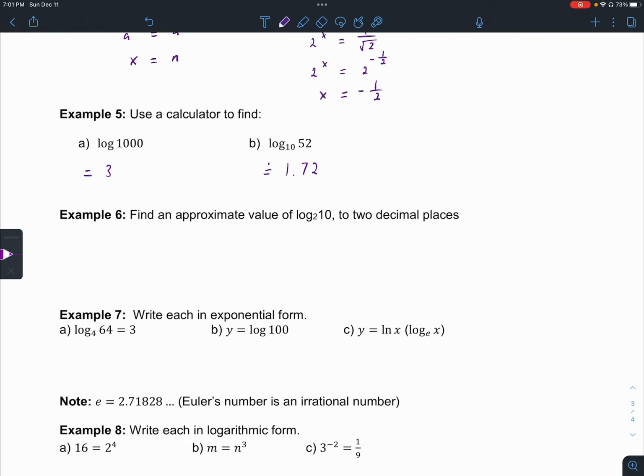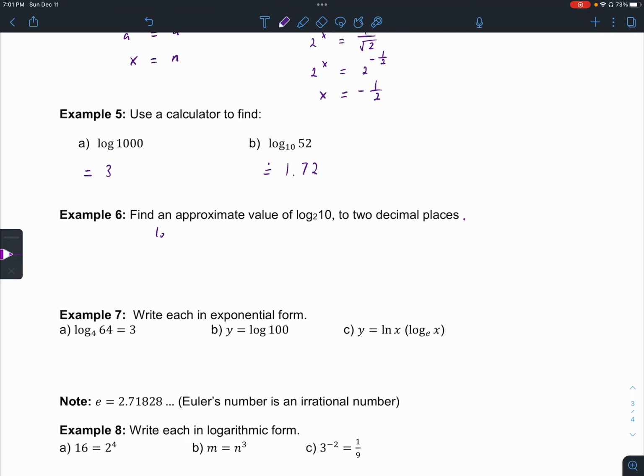Find an approximate value of log to the base 2 of 10 to 2 decimal places. Okay, so what we can do here is we can convert this to exponential form.